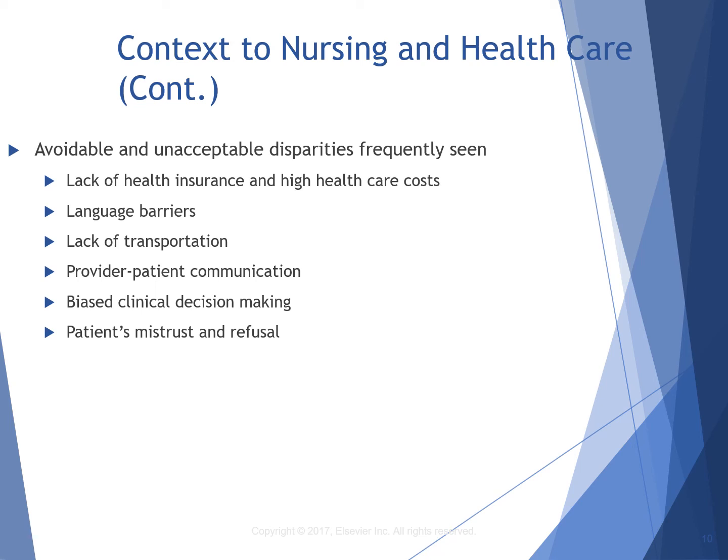Also think of interpreter services. So I will just read them for you. Lack of health insurance and high healthcare costs, language barriers, lack of transportation, provider-patient communication, biased clinical decision-making, or patients' mistrust and refusal.